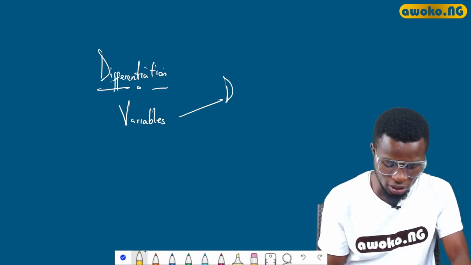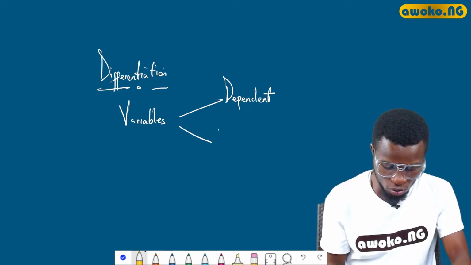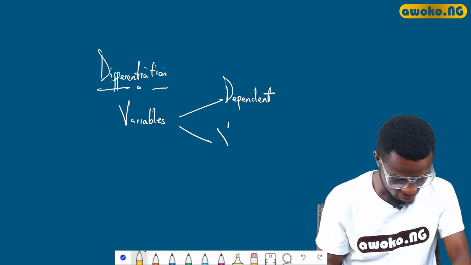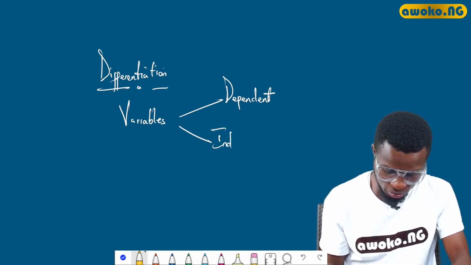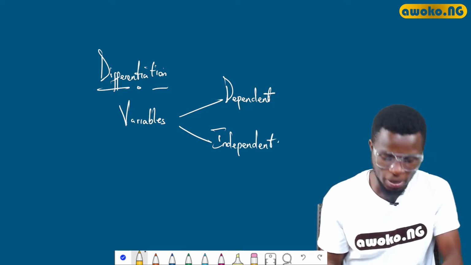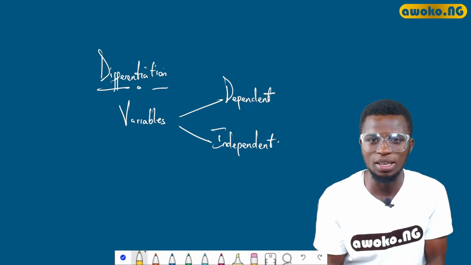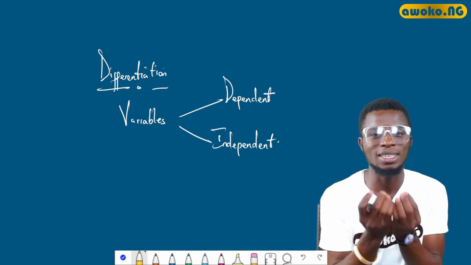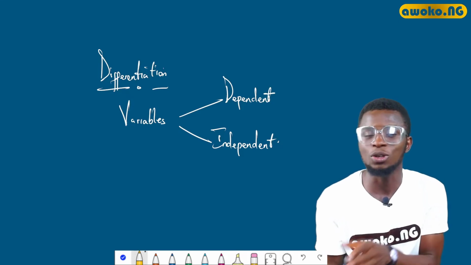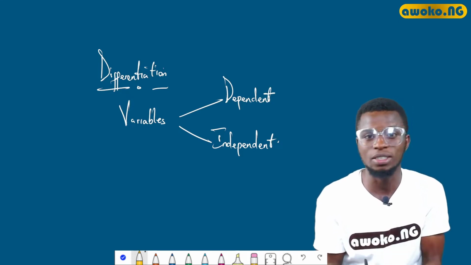The first one is the dependent variable, while the other one is called an independent variable. By dependent, I mean a variable that cannot stand on its own. It does depend on other variables for it to have its value.